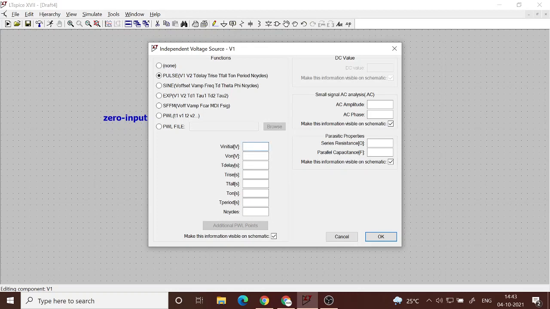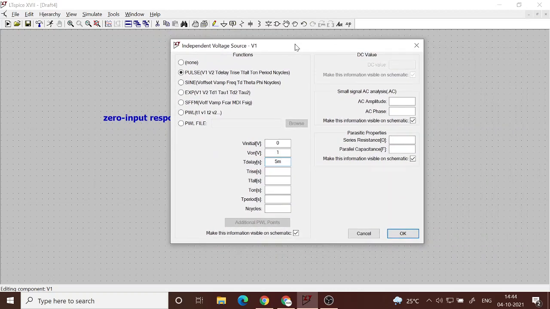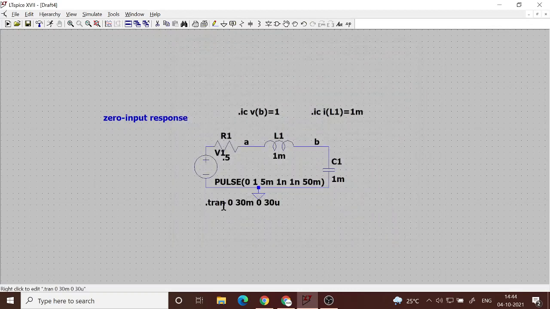Initially it was 0, and then it goes to say 1 volt with a delay of 5 milli, because we are plotting for 30 milliseconds. So I am saying a delay of this, and then very quickly, say 1 nanosecond, it rises, and T1 is 50 milli. So this is my input.